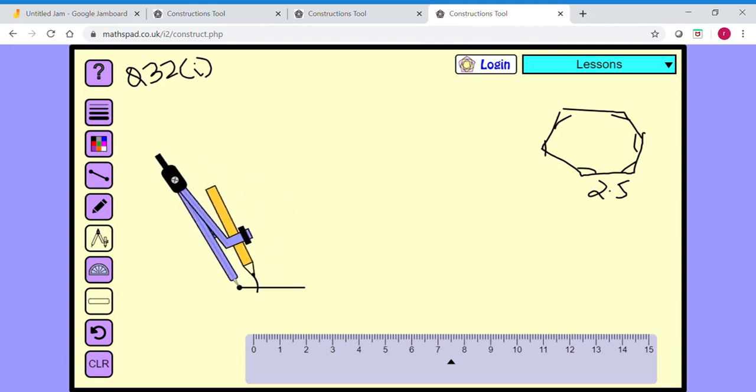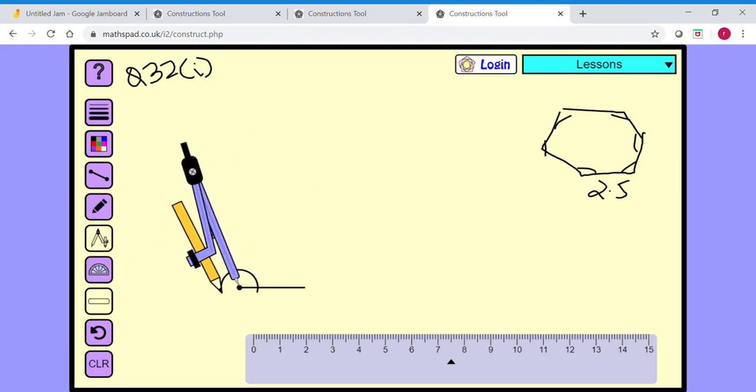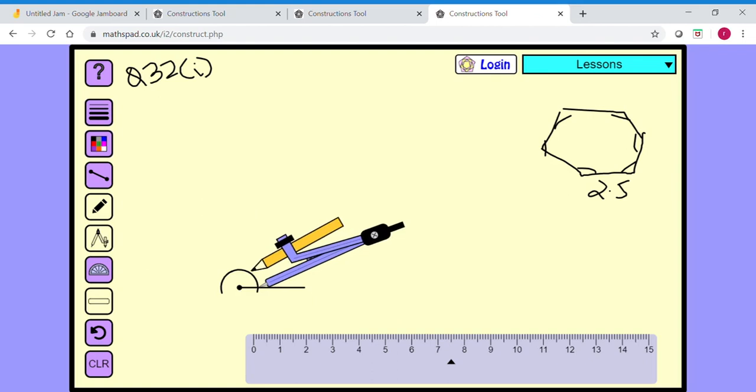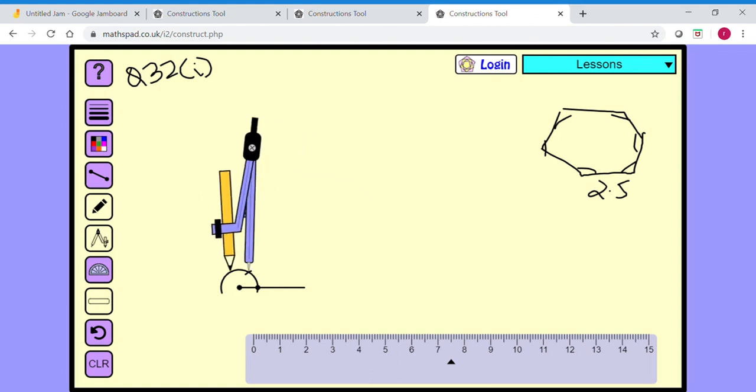So let me make the first semicircle. Done. I keep it at this point and I cut my 60 degree line. Perfect. I've got the 60 degree mark.